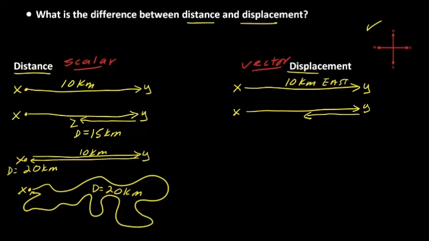But when you reach point Z, your displacement is not 15 kilometers. Your displacement is equal to 5 kilometers east.